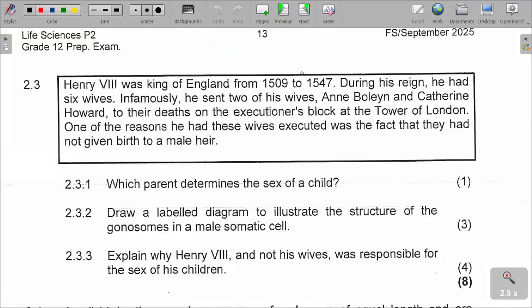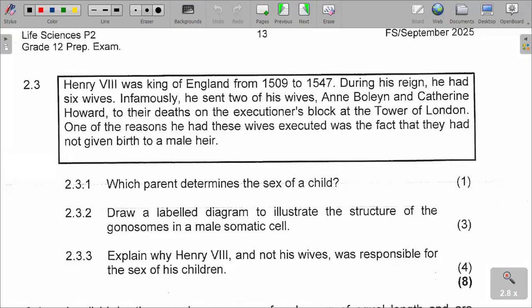2.3, we are given this question which we need to look at. Henry VIII was King of England from 1509 to 1547. During his reign, he had 6 wives.